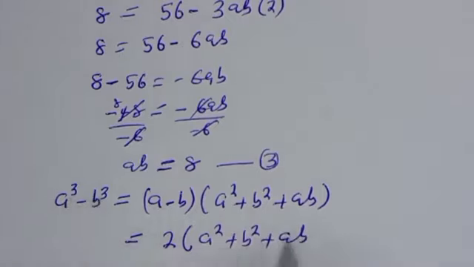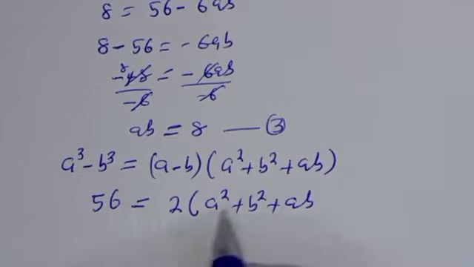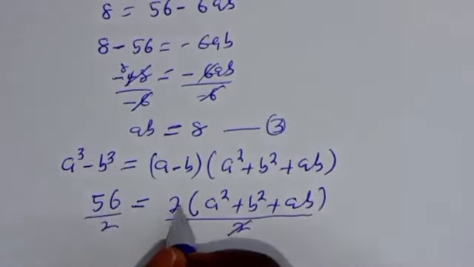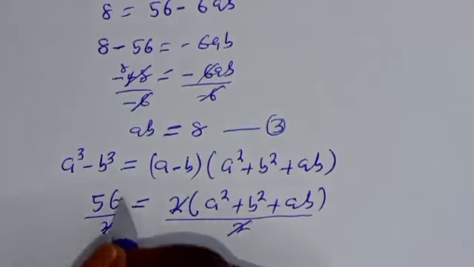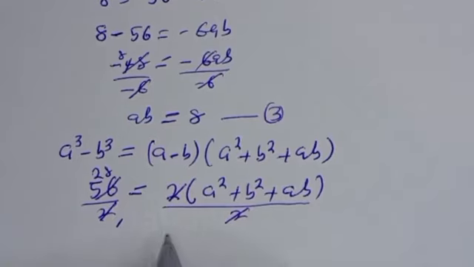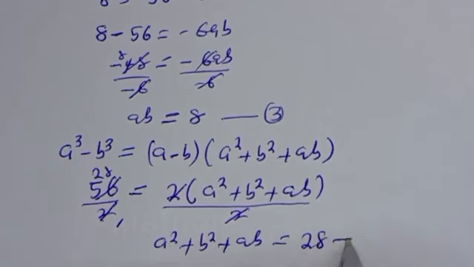And a raised to power 3 minus b raised to power 3 is what? 56 from equation 2. Now let's divide both sides by 2. This will cancel this. 2 here, 1, 2 here, 28. A square plus b square plus ab is equal to 28. Let's call this equation 4.